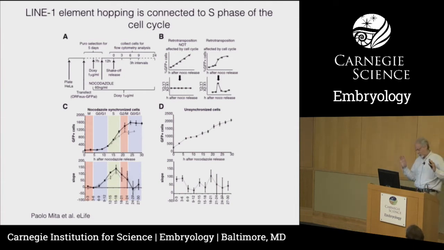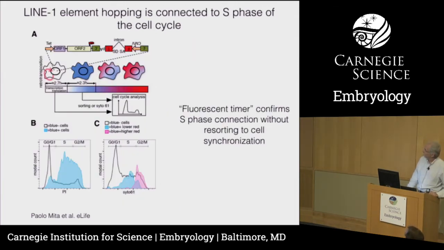Okay, but this is a messy experiment using a lot of drugs and manipulations, and so it would be nice to have a more direct and independent validation of this conclusion.